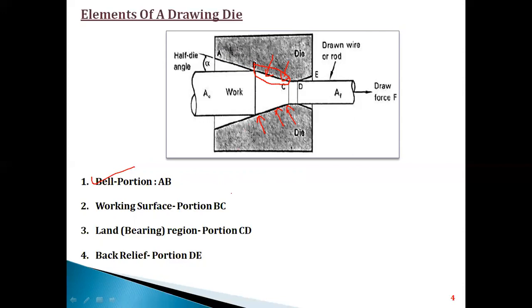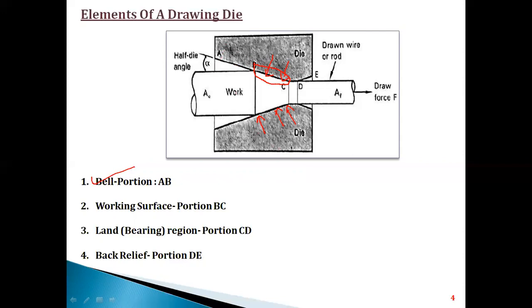The half die angle, alpha, which is designated here, is a very important factor deciding the drawing process. You should always know how much angle is calculated correctly to carry out this drawing process. This die angle alpha is also known as the approach angle.